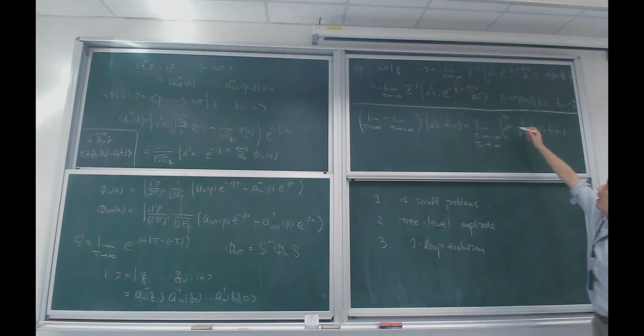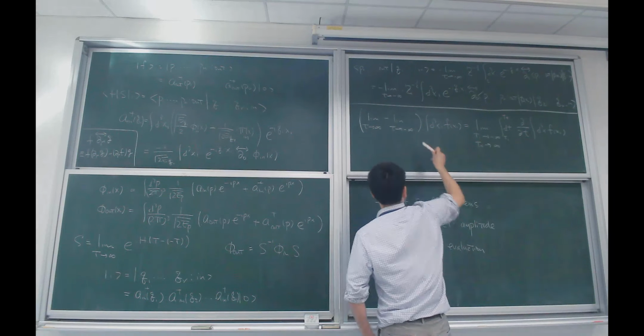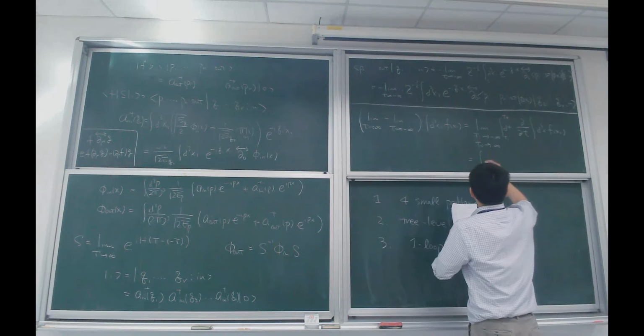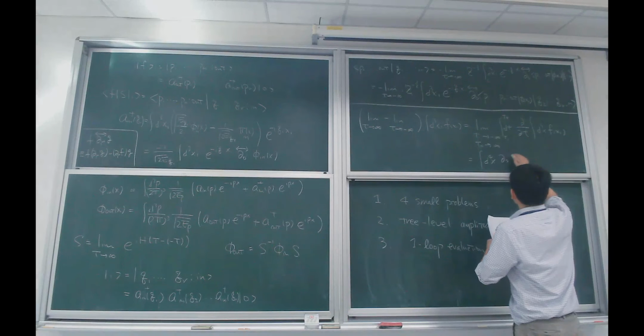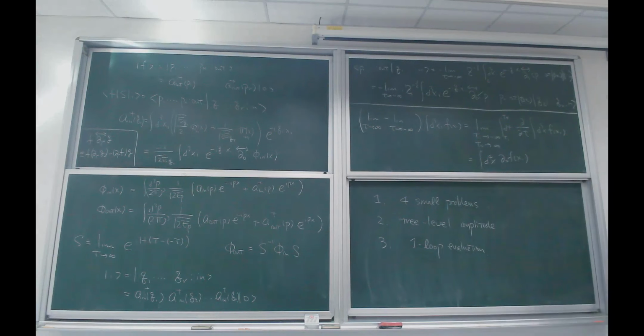So if you do the t integral this way, then you get this limit t goes to infinity, limit t goes to minus infinity, and that is indeed equal to d4 integral of f of x1. Okay.